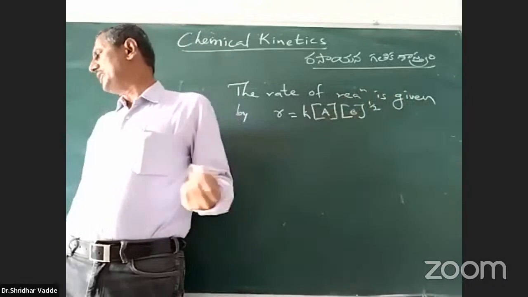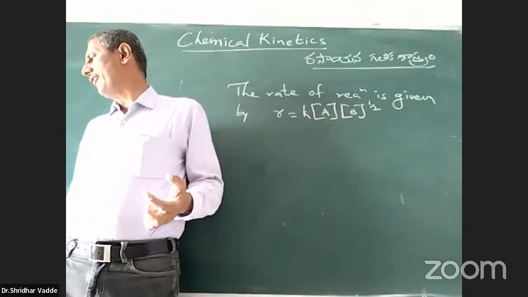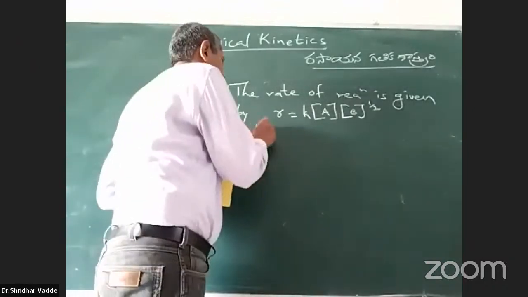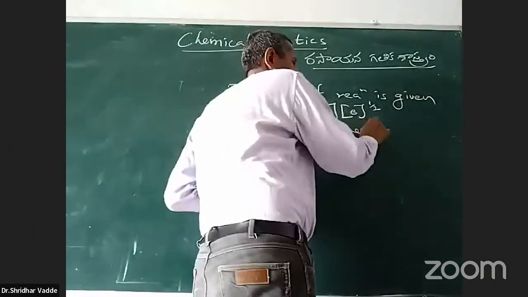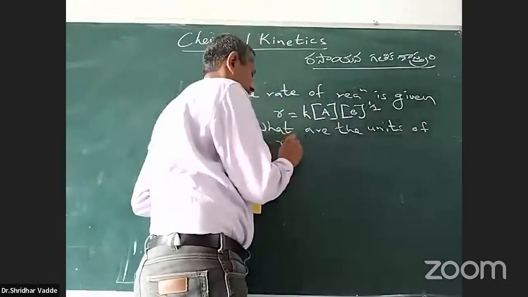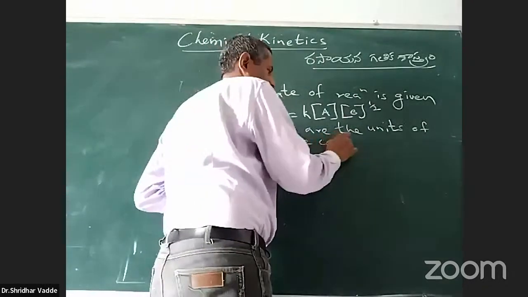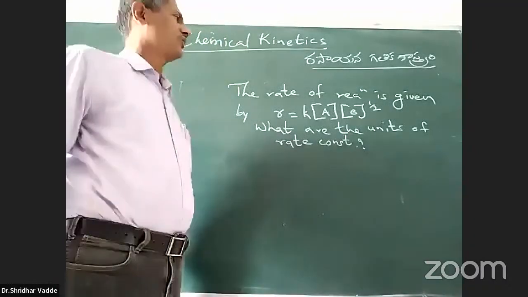So what are the units of rate constant? What are the units of rate constant?